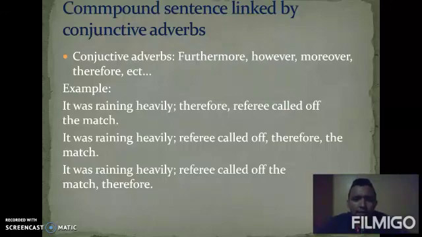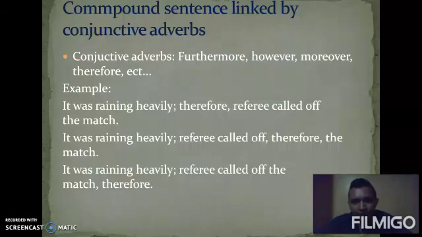We can realize that the conjunctive adverb can be put at the beginning, in the middle, and at the end. And we always use a semicolon after the first clause. If the conjunctive adverb is at the beginning, we put a comma after it and a semicolon before.